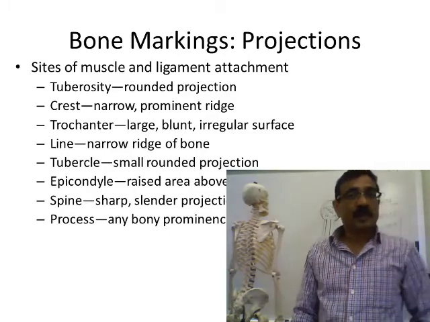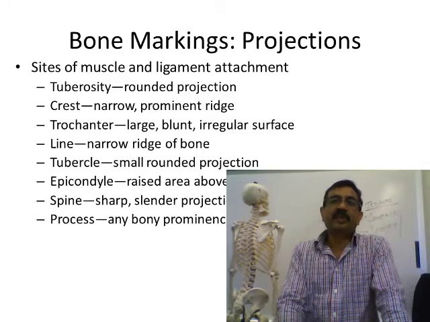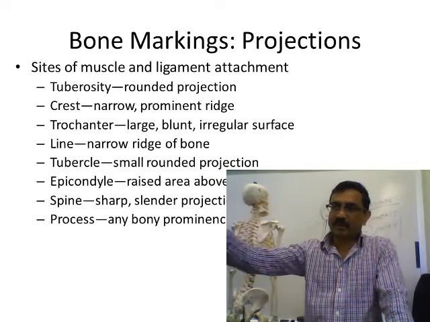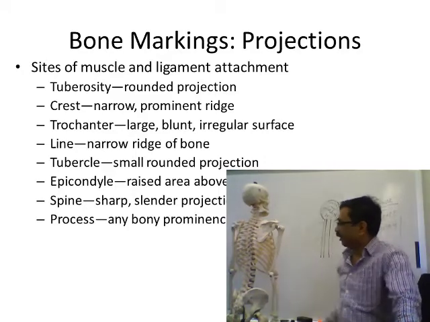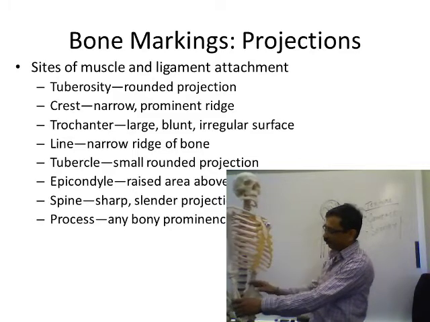Trochanter. A trochanter is a large irregular bony mass on the bone. A large piece of irregular bone. So irregular, large, bony mass.